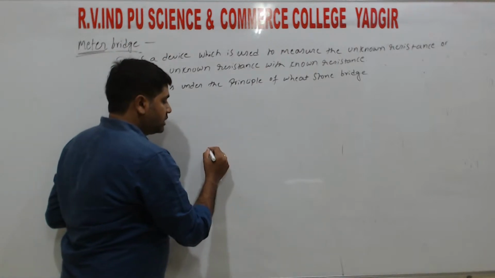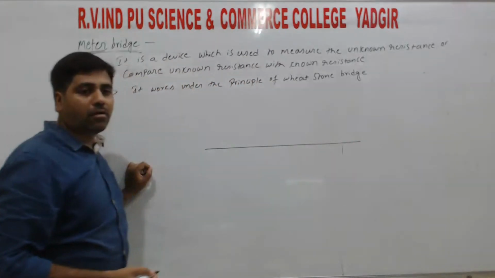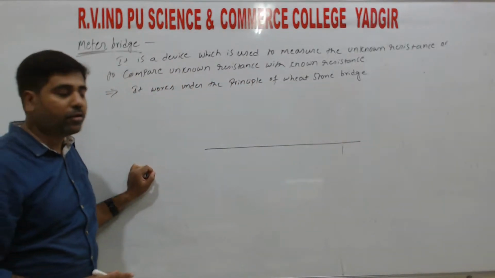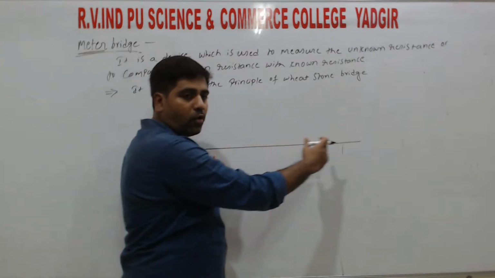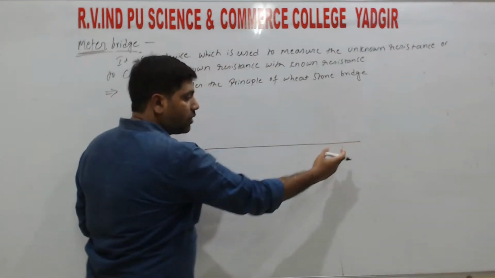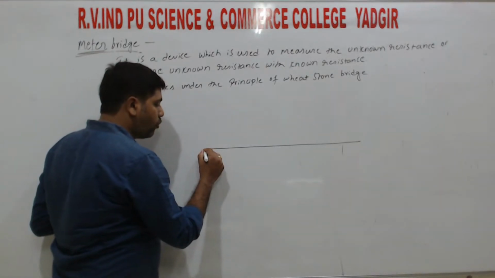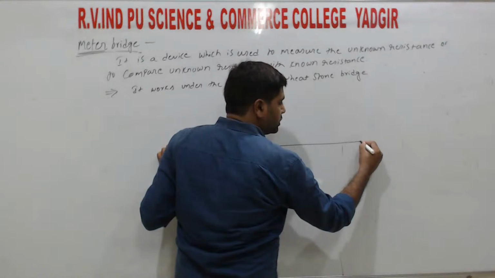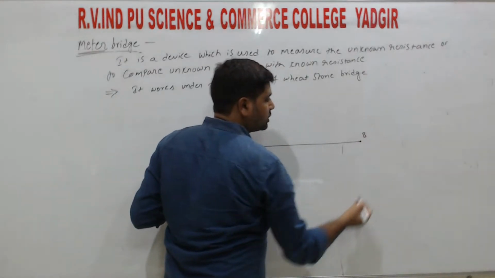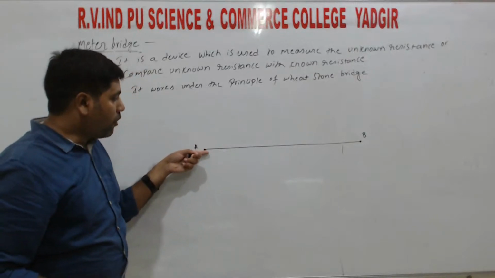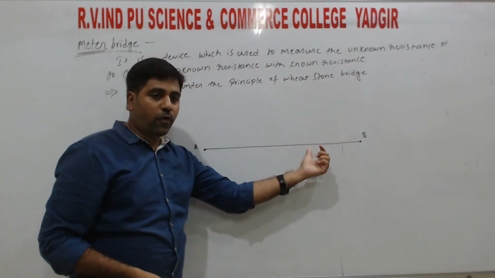So meter bridge consists of one resistance wire of 1 meter length, of uniform resistance. So in the meter bridge we have one uniform wire. The length of the uniform wire is 1 meter and it is clamped to the wooden board at the two ends, right? Calling these A and B. The wire connected between the points A and B is of uniform resistance.